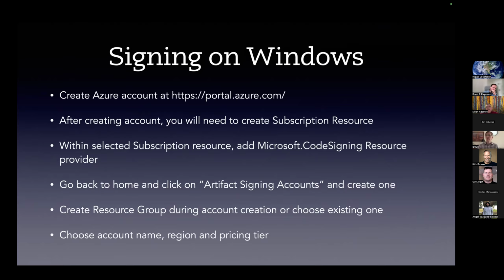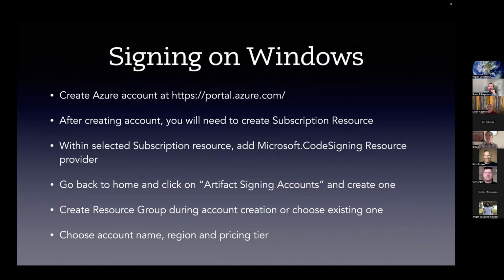You will find this Microsoft code signing resource, and within it you define that you want to use this subscription resource for signing, and Microsoft will charge you based on that. You can add other resources to the same subscription, but at ClearViewSys we have this one separate just for this.